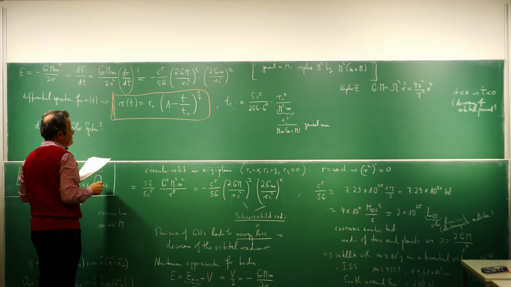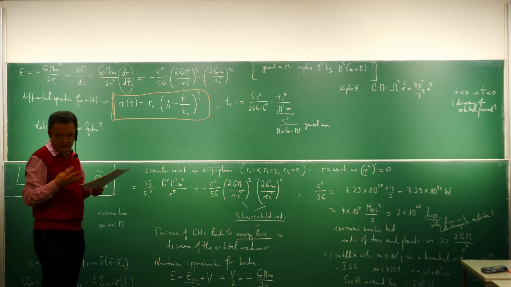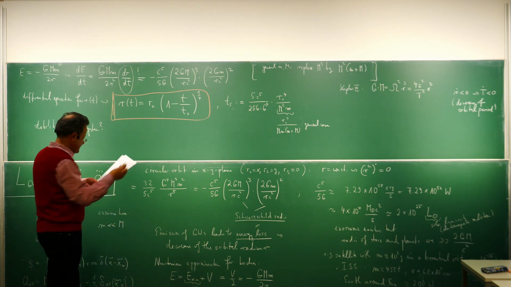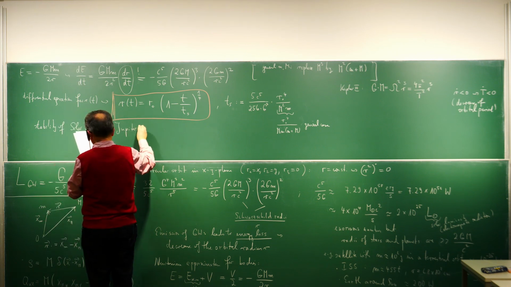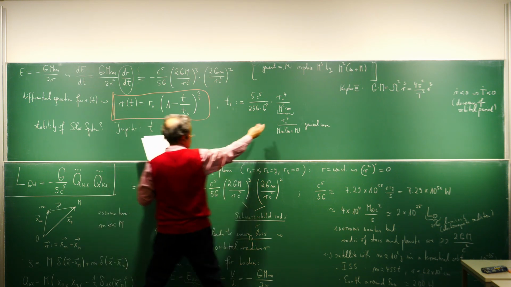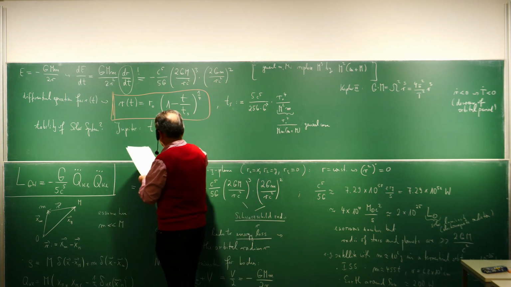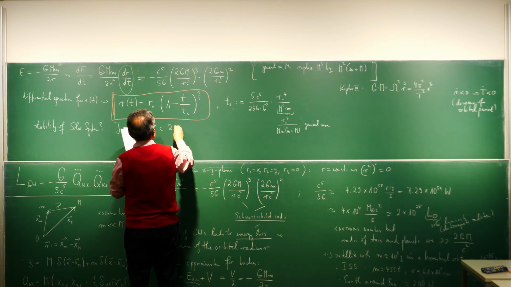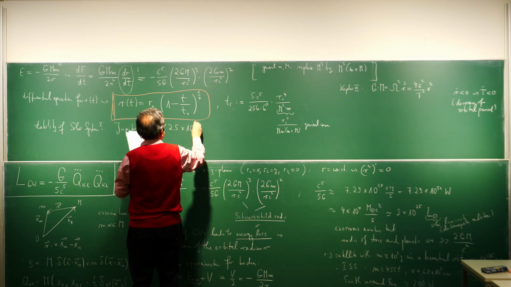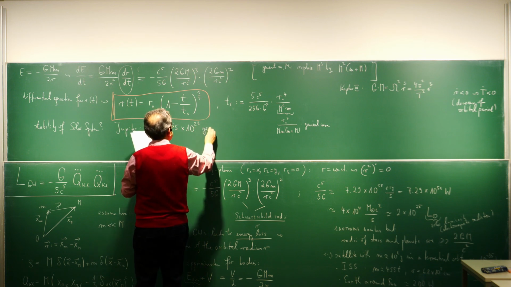Now, of course, the biggest planet in mass is the planet Jupiter. And let us take it as an example. So if you insert here the mass of Jupiter and the mass of the Sun, you will get a Ts of roughly 2 times 5 times 10 to the 23 years.